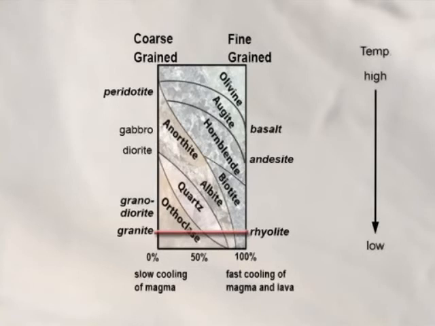Now, if you look over the other side, there's a rock over there called rhyolite. Now, it's not really bold-faced because rhyolite would be the fine-grained equivalent for granites. Well, remember, granitic magmas are the stickiest kind of magmas there are, very high viscosity. They really don't come to the surface very often.